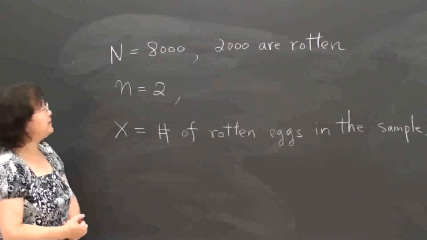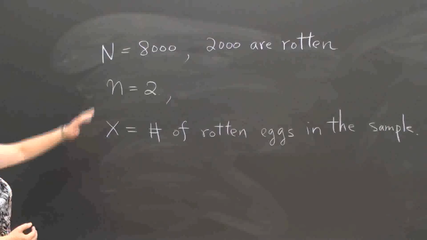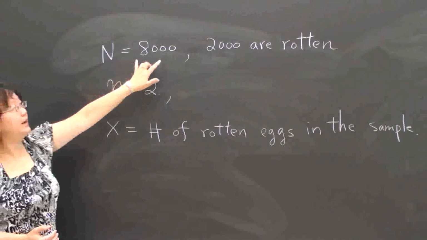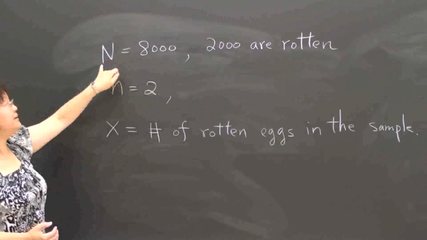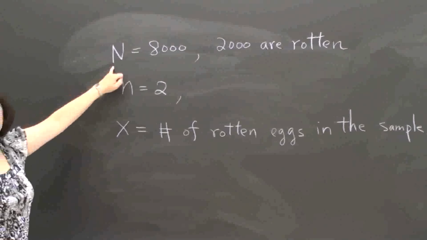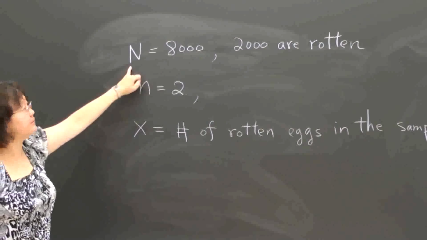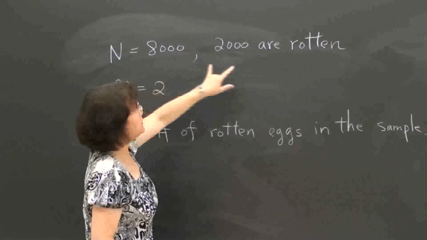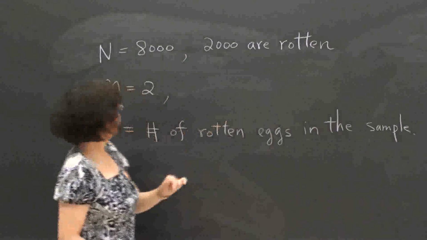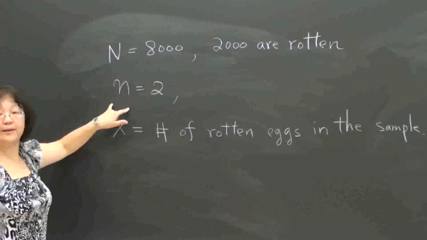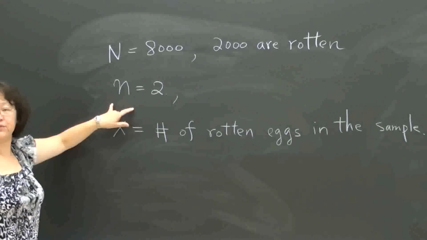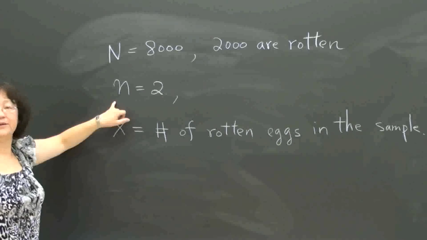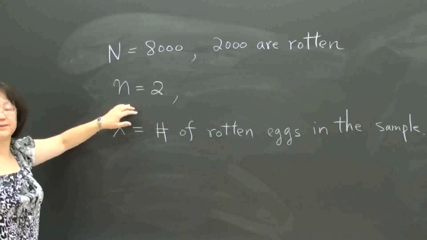So if we write things formally, we can say capital N equals 8,000. N is usually used to represent the population size. Out of 8,000 eggs, 2,000 are rotten. And we are going to pick a sample of 2 out. We use small n to represent the sample size.